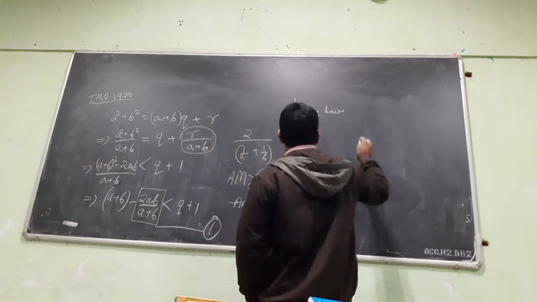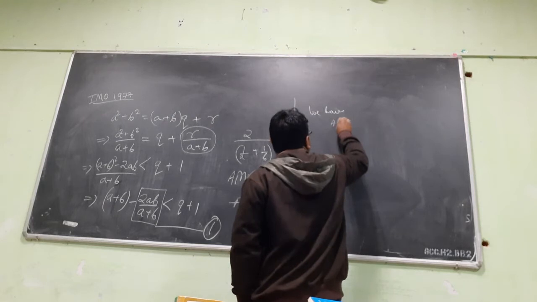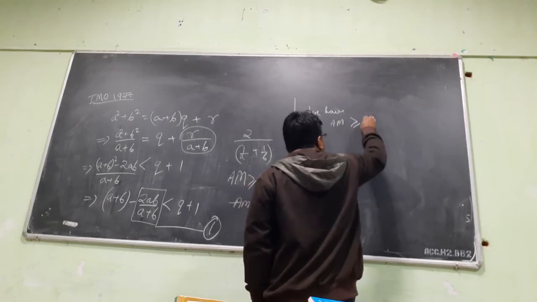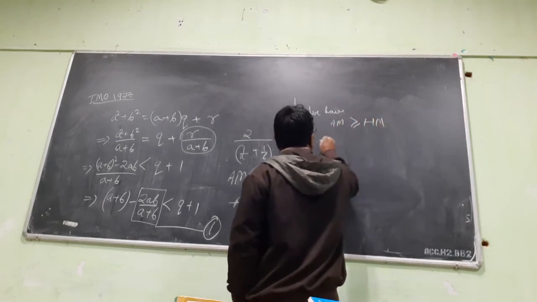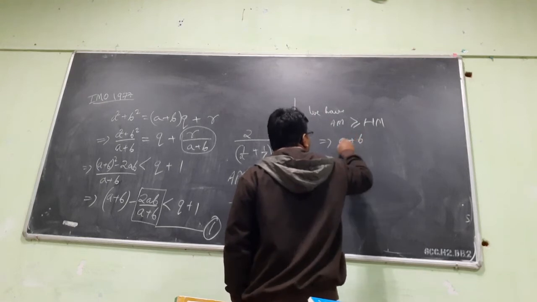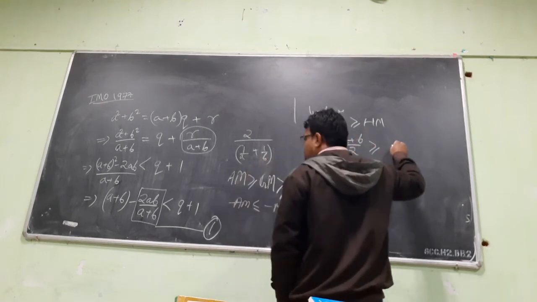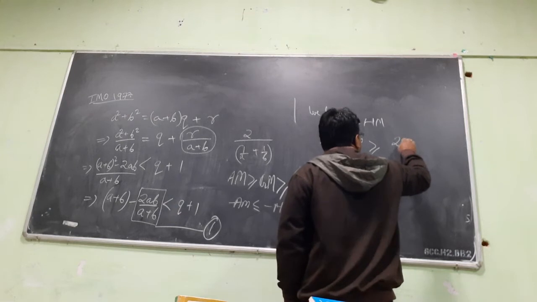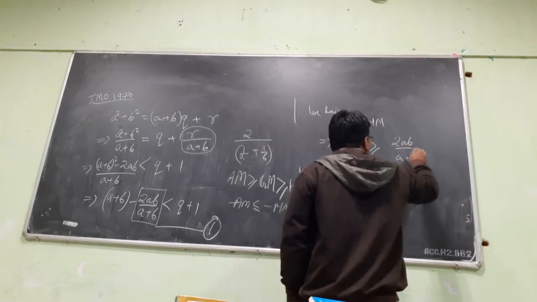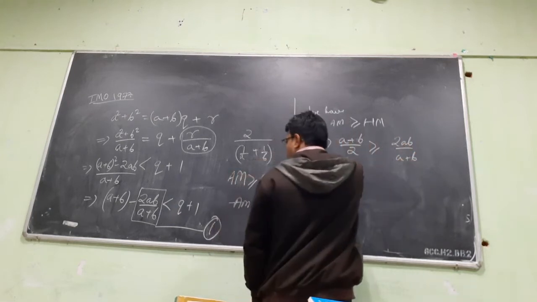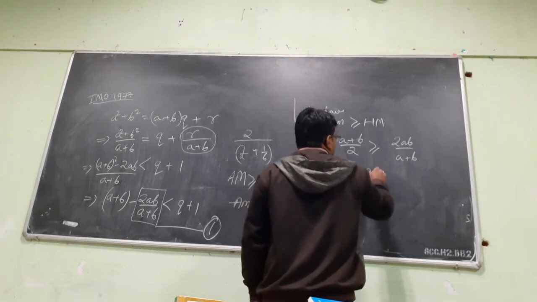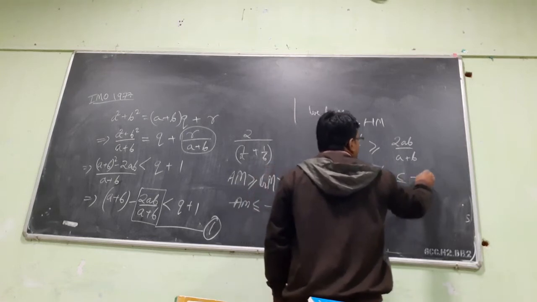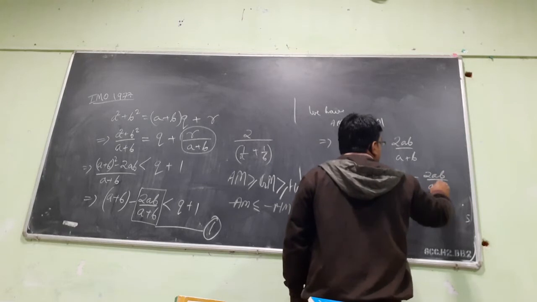So we have AM is greater than or equal to HM. So this is a plus b by 2 is greater than or equal to twice ab by a plus b. So from here we want minus. So minus of a plus b by 2 is less than or equal to minus of twice ab by a plus b.